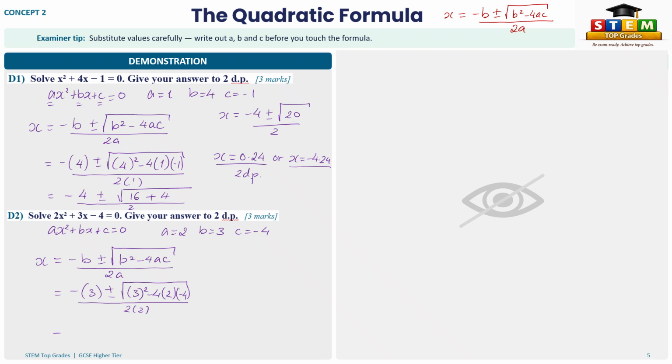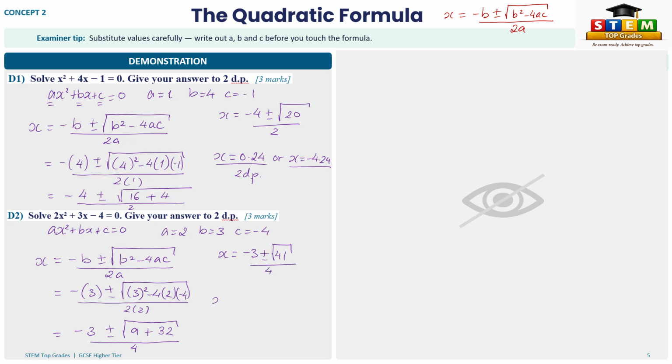And that gives us negative 3 plus or minus square root of 9 plus 32, over 4. Okay, so yeah, that's right. So x equals negative 3 plus or minus square root of 41 over 4.